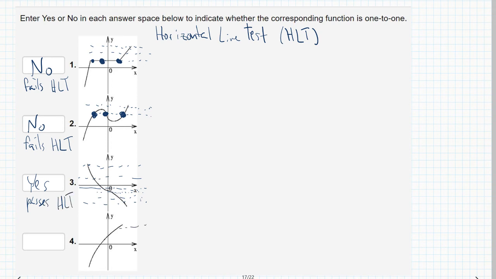The same goes for this last one. We can check real quick and see that it passes the horizontal line test, so this is another yes, and we are one-to-one in each of those cases. The horizontal line test is a key check for one-to-one, or transformations of one-to-one functions. As long as you know some basic functions, you can just look at whether it is a transformation of that, and then you're done real quick.